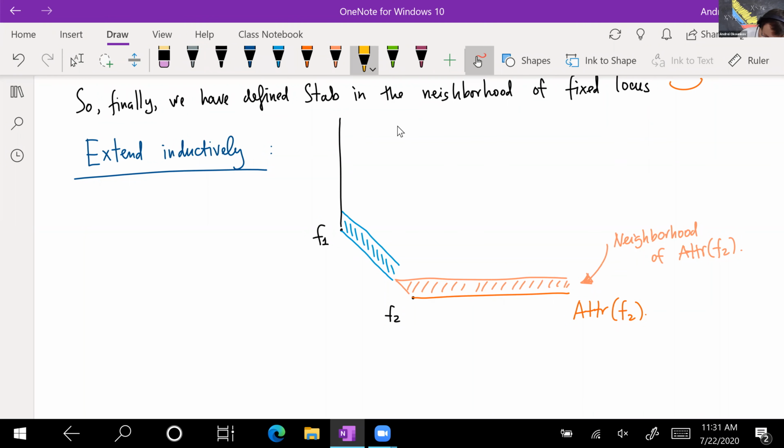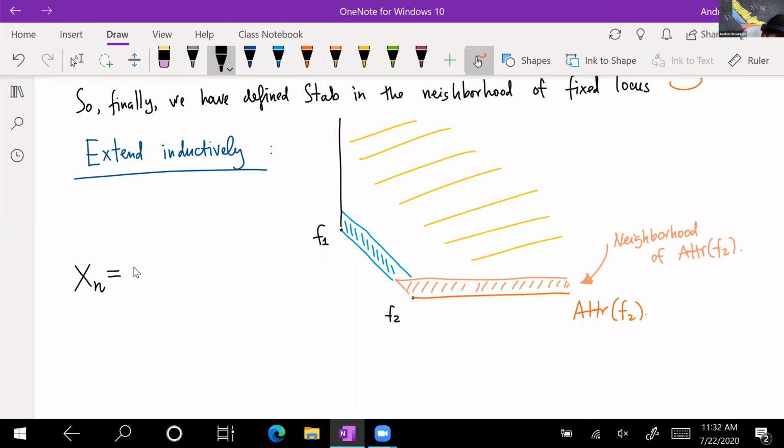And then there will be the rest of X. In other words, we will define the induction, we will define Xn.